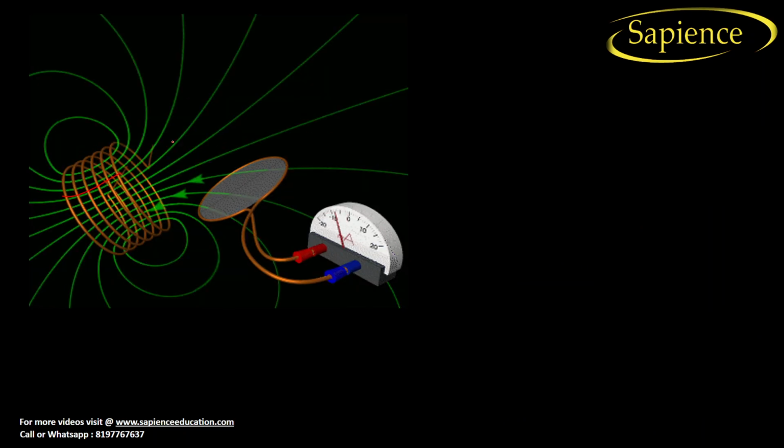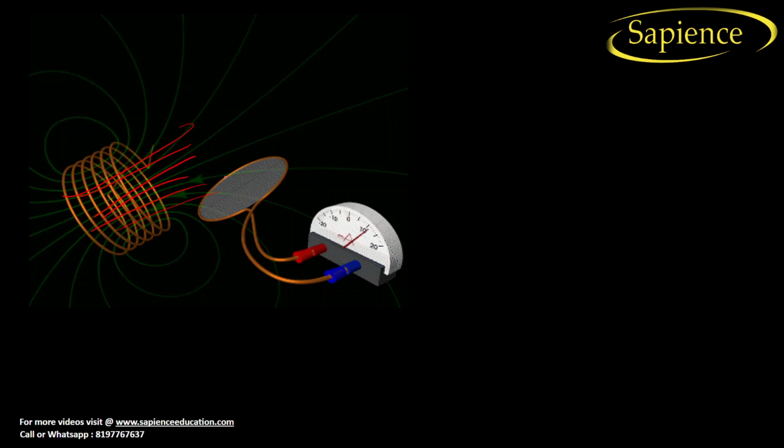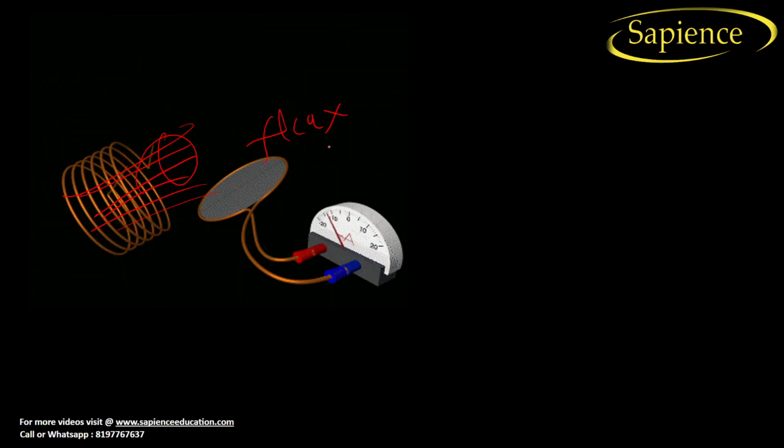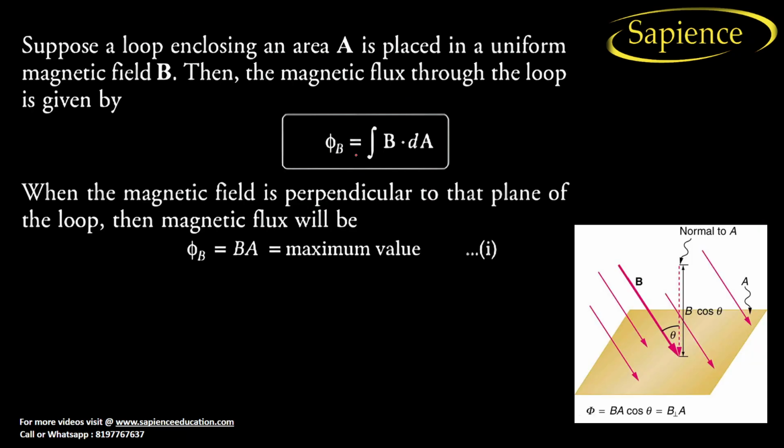Now see, these are the number of field lines passing through this, and it is changing. So it is known as flux. Okay. I hope you have understood this. Now suppose a loop of area A is placed in a uniform magnetic field B, then the magnetic flux through the loop is given by the integration of B dot dA.